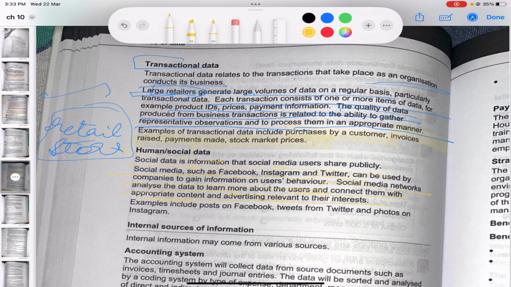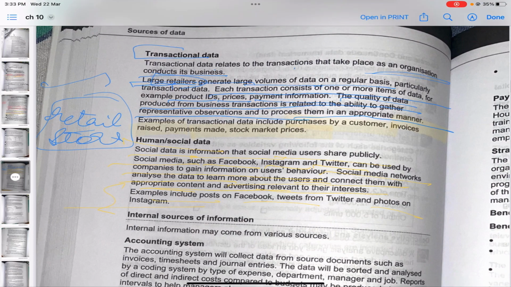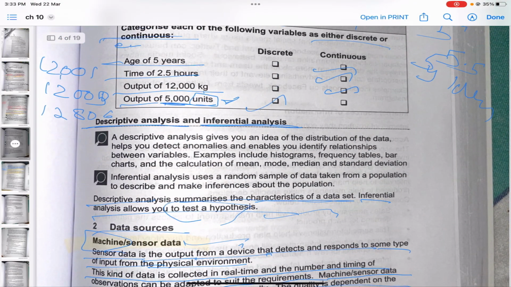By your search engines and all of that, they get the human data or the social data, and then they start recommending you products if they think you fit their target audience. Examples include posts on Facebook, tweets on Twitter, and photos on Instagram. Understood?